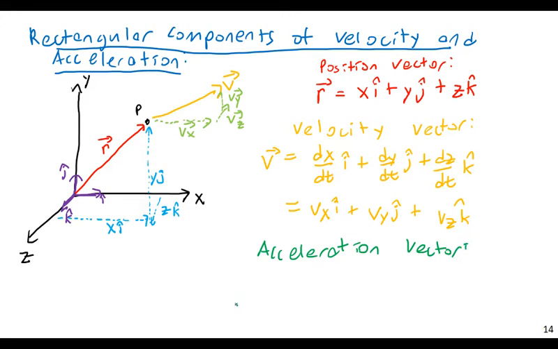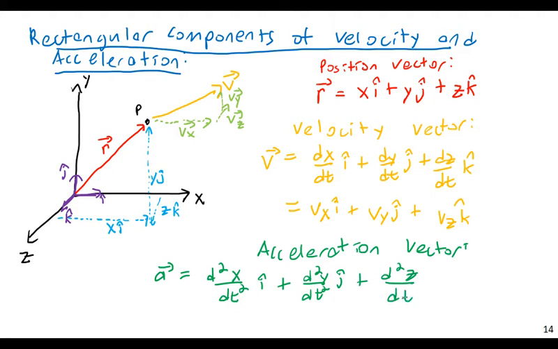The acceleration vector a is going to be the second derivative of x with respect to time times the unit vector i plus the second derivative of y with respect to time times j plus the second derivative of z with respect to time times k.